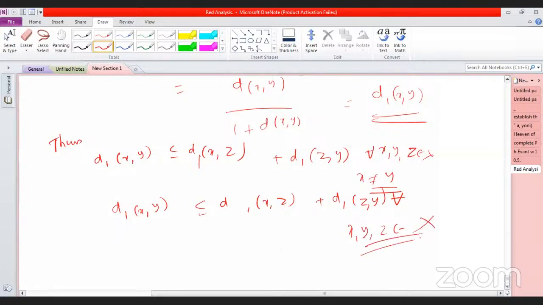So this is a bounded set. You will be asked about the bounded set in the main examination. You have to write it all in the same way.